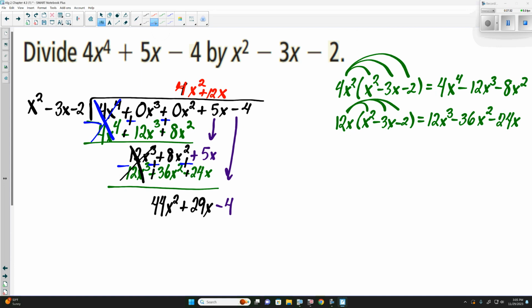And we do this process one more time. What times x squared is 44x squared? 44. Which means we have to multiply our polynomial by 44.